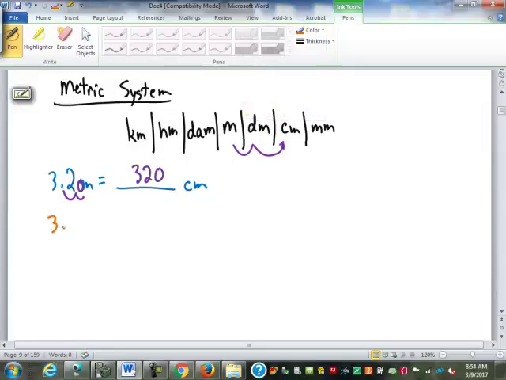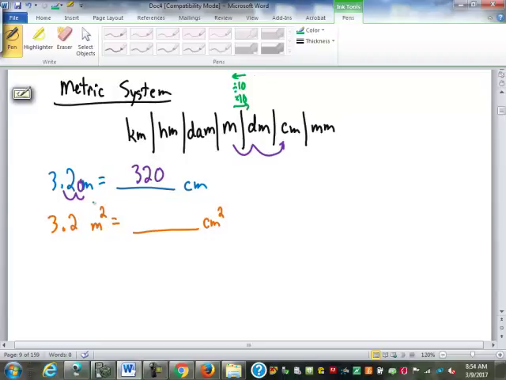What if, however, it wasn't 3.2 meters? What if it's 3.2 square meters going into square centimeters? Well, the reason we were able to move the decimal point 1 spot for each spot on the chart is because every spot on the chart is either multiplying by 10 or dividing by 10, depending on which direction we're going. Multiplying by 10 going this way, dividing by 10 going that way.